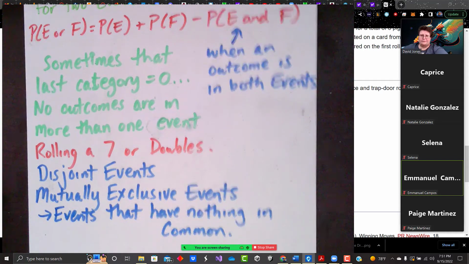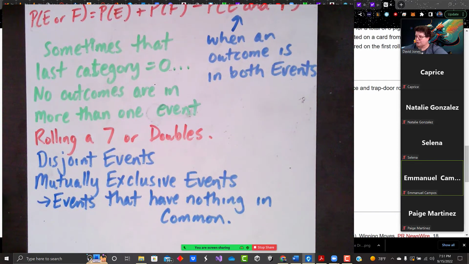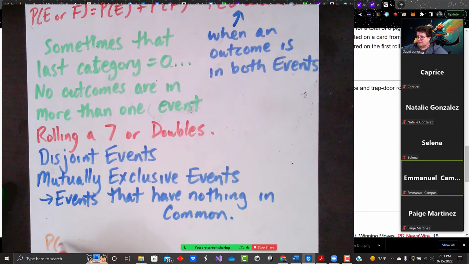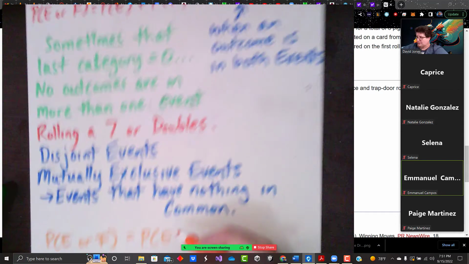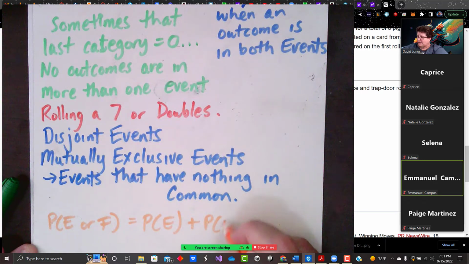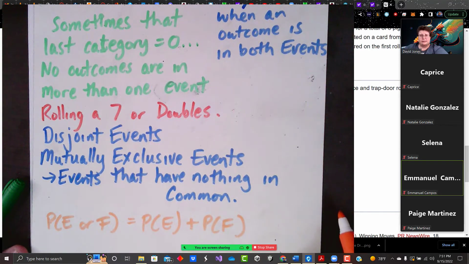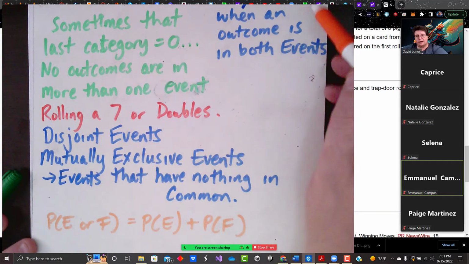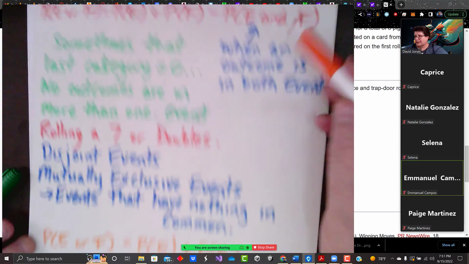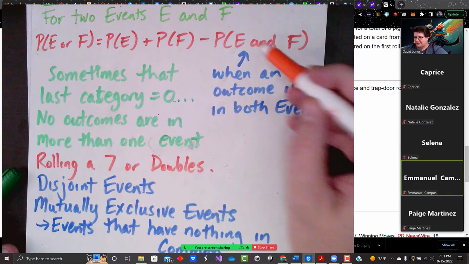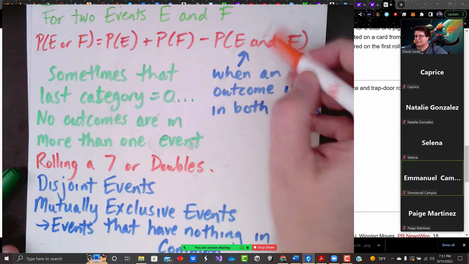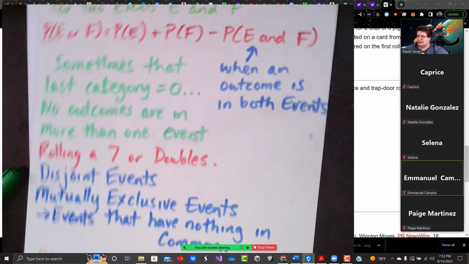So if E and F are disjoint or mutually exclusive, this equation simplifies down to probability of E or F equals probability of E plus probability of F. I don't really like doing that because if you just stick with the one above, with the minus probability of E and F, if this can be 0, and I'm subtracting 0, it doesn't change the outcome.